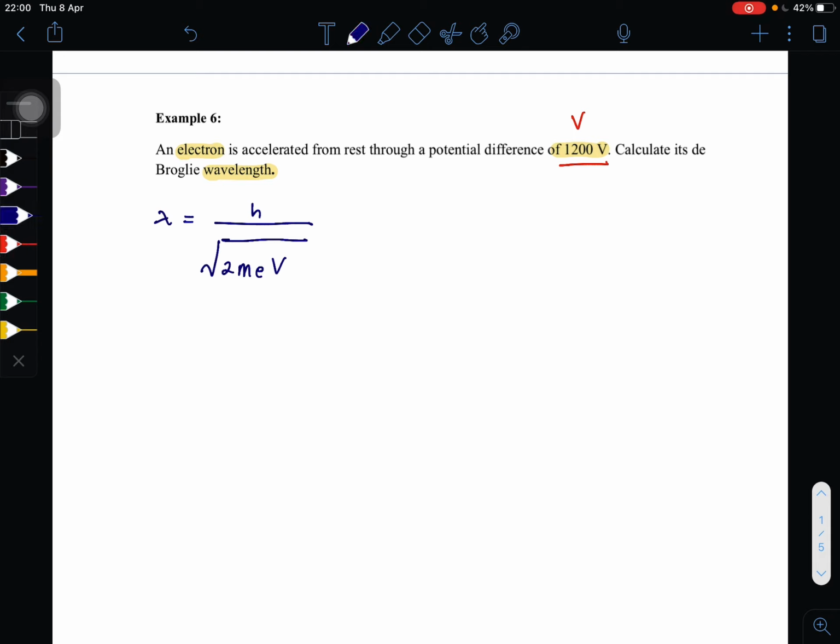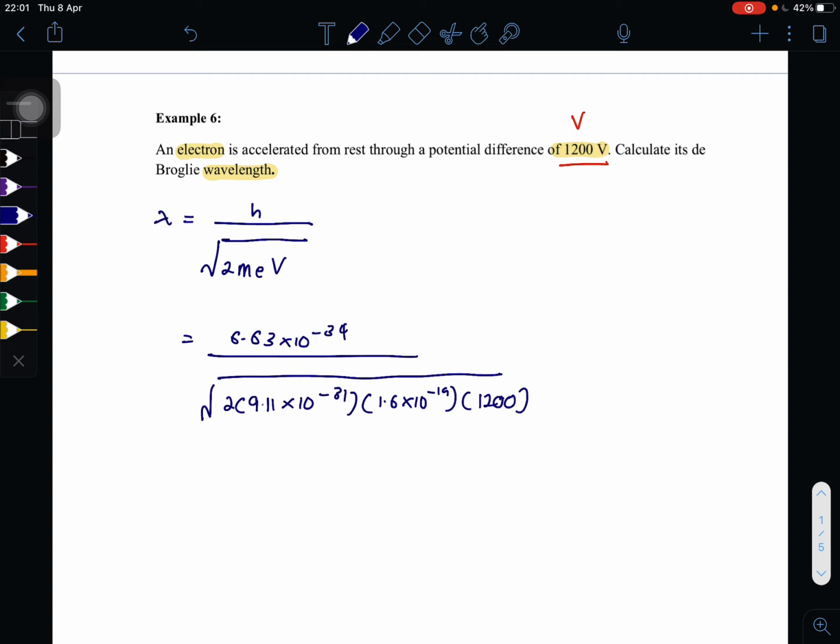So just put in all of the values. This 2m, m is the mass of electron, and then e is the charge of the electron, 1.6 exponent negative 19, times V. So press the calculator and we will get 3.54 exponent negative 11 meter.